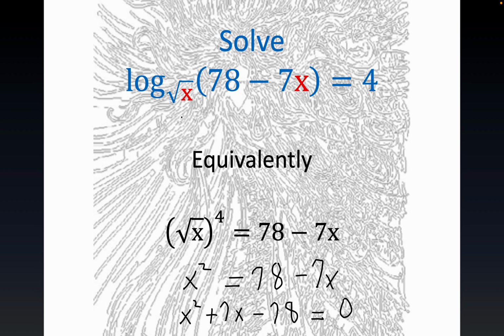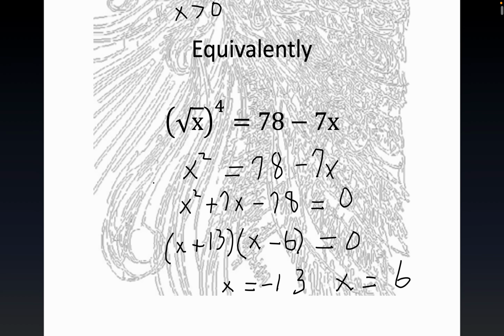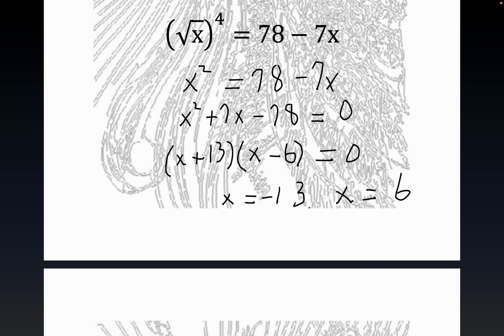So we have to assume, of course, that x is strictly greater than 0 because the log base 0 is not too exciting. Log base 0 would be like saying 0 raised to some power, which nobody's going to get too excited about. So x has to be greater than 0, so we'll reject this and we'll accept this as our answer.